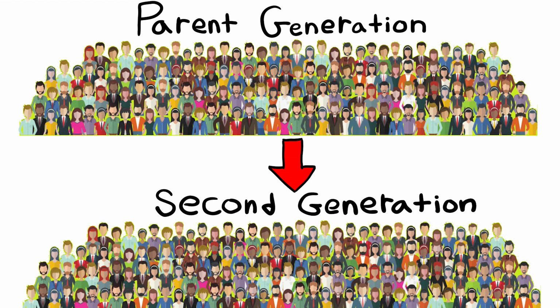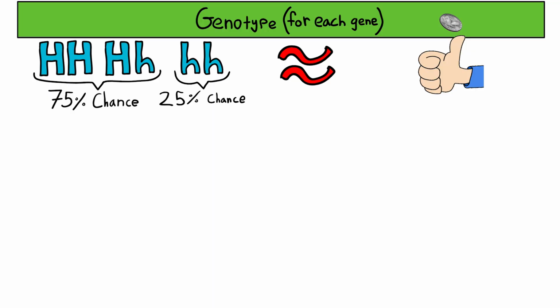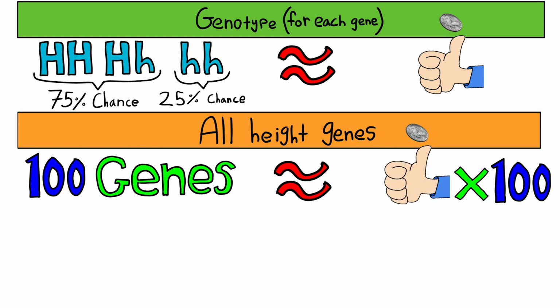So, what does this mean for the distribution of genotypes and height for the next generation? This situation might seem familiar to you. Each person's genotype is basically a coin flip, with a 75% chance of being big H big H or big H small h. Each person has 100 height-related genes, so it's like each person's height is determined by 100 coin flip outcomes.